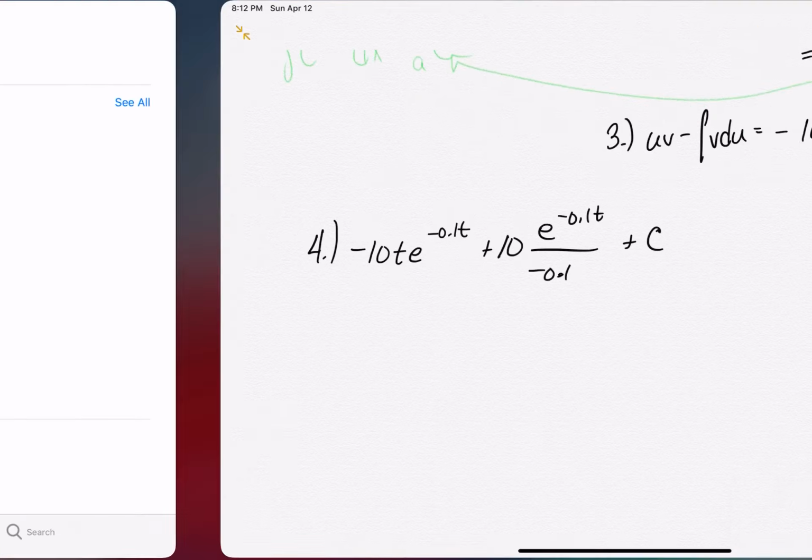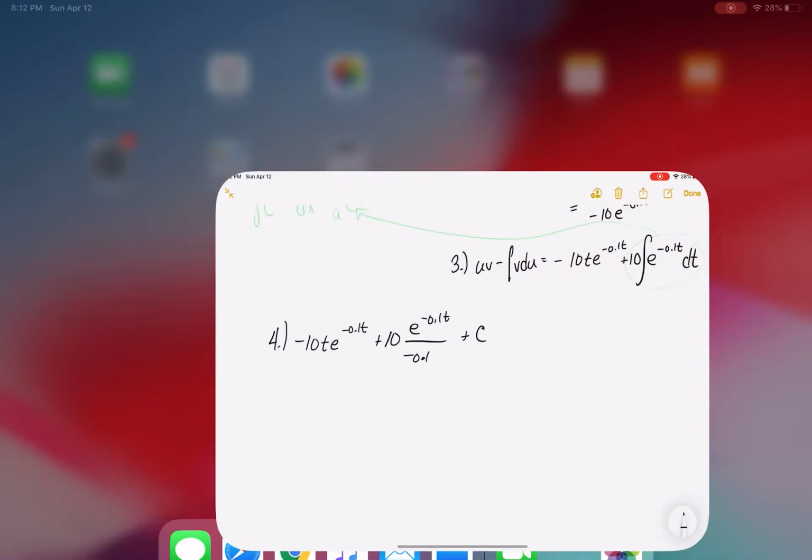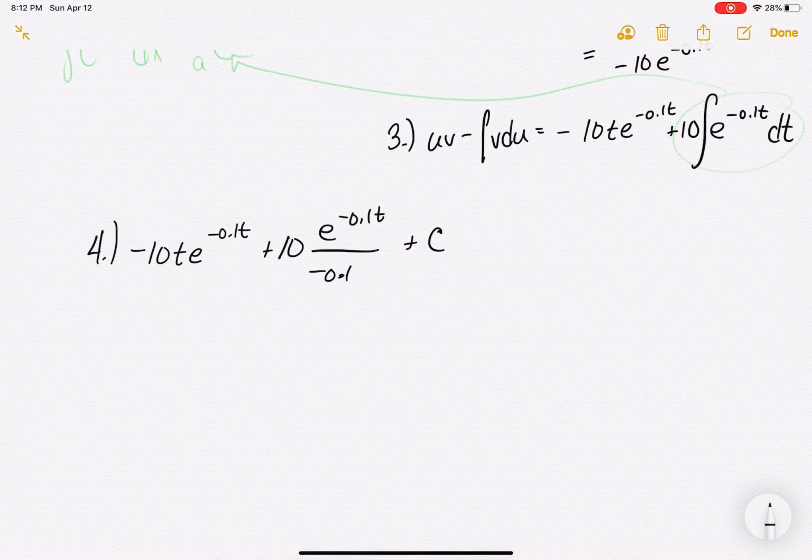And so we can simplify that as negative 10 t e to the negative 0.1 t minus 100 e to the negative 0.1 t plus c.